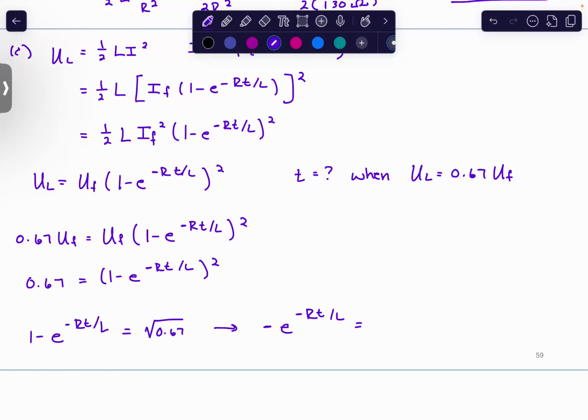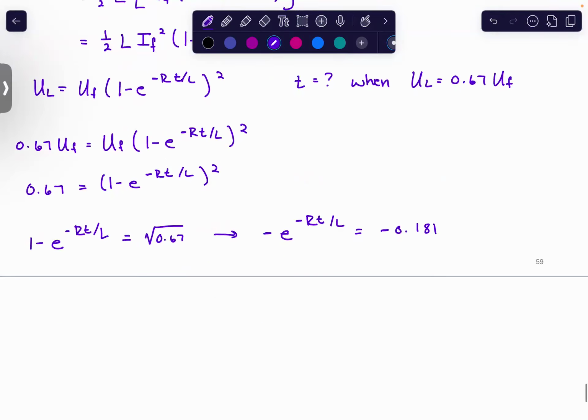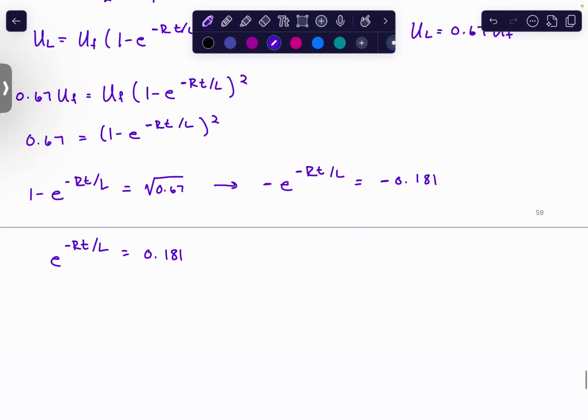So that square root minus 1 is going to give negative 0.181. Okay, so then we're going to get rid of the negative sign. Take the natural log of both sides.